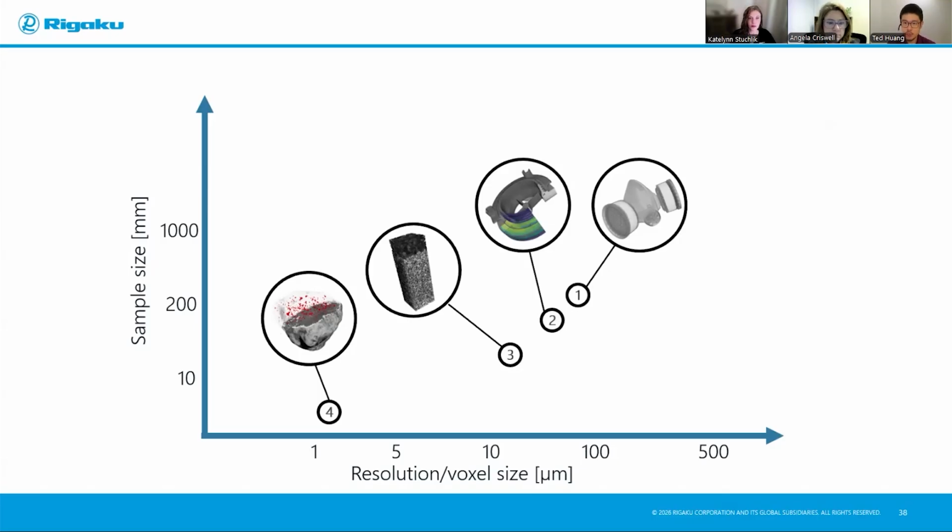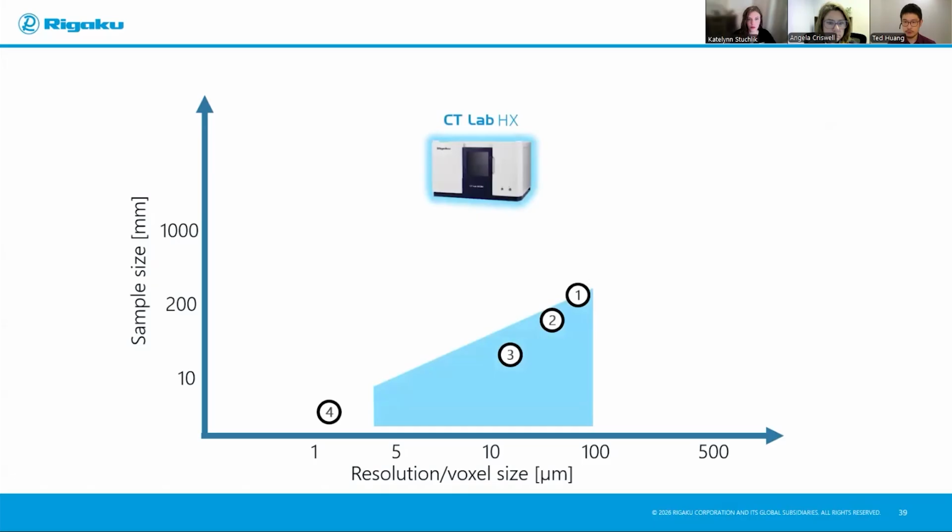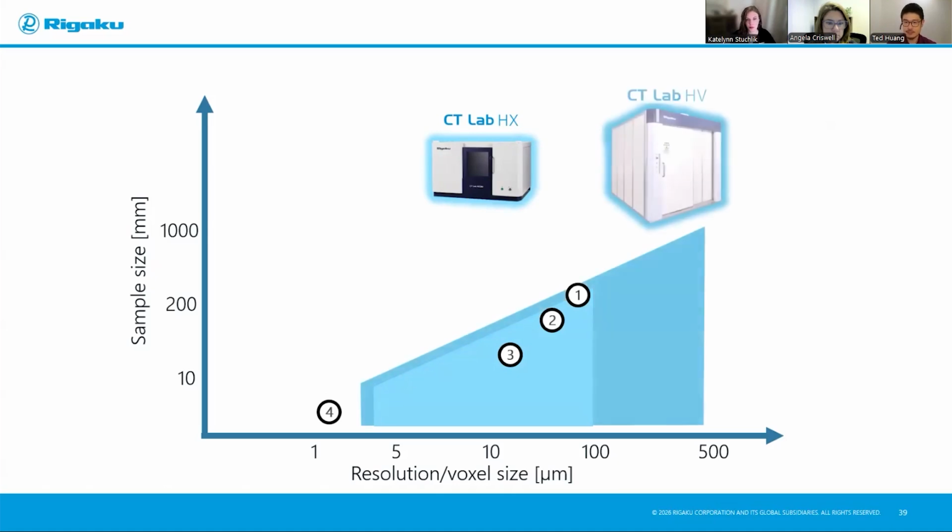For the system I chose to use, here at Rigaku, we make several types of X-ray CT system. Our CT Lab HX is a benchtop system that actually covers all of them. Only the first one, the whole respirator, is maybe a bit too large. So that's why I scanned all of these in our larger system, the CT Lab HV.